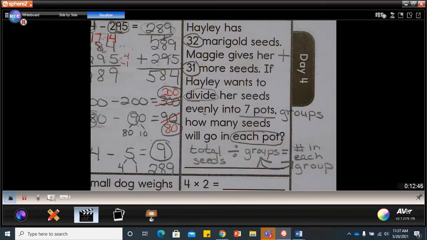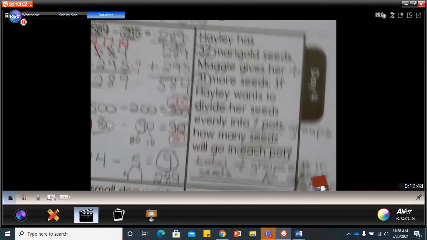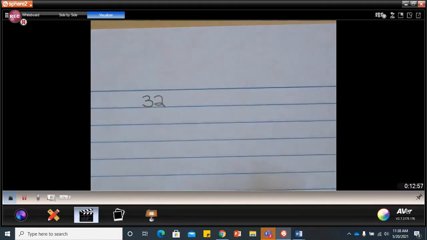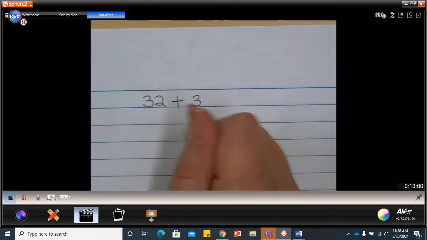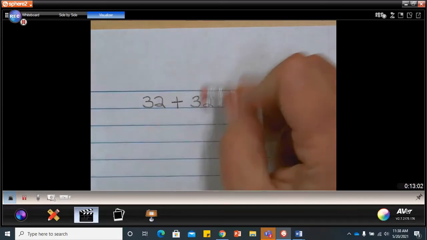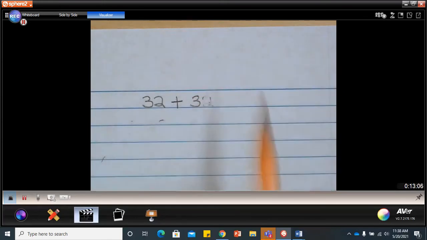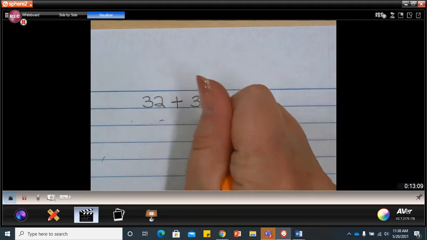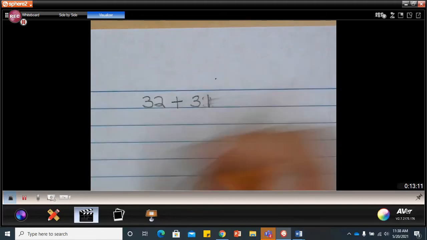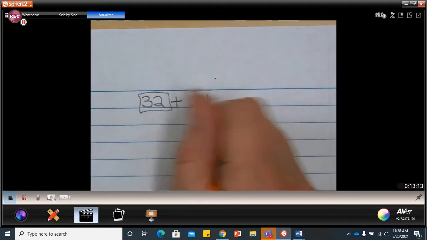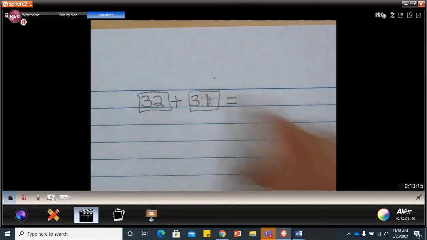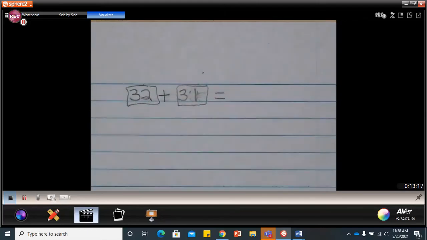All right, so now I'm just going to grab an extra sheet of paper here, and I'm going to show this. So I have one group of seeds, that's 32. I have another group of seeds, that's 31. And remember, this could not be a multiplication sentence because these are not equal groups. So one group and another group, and when I put them together, what do I get?